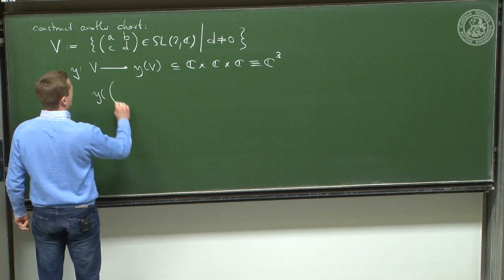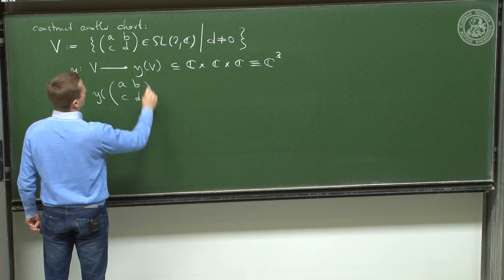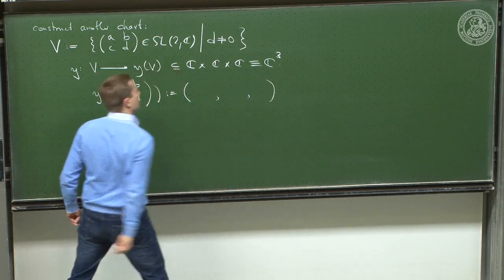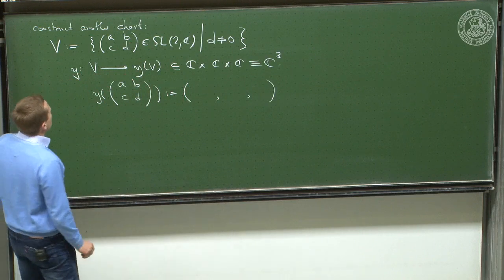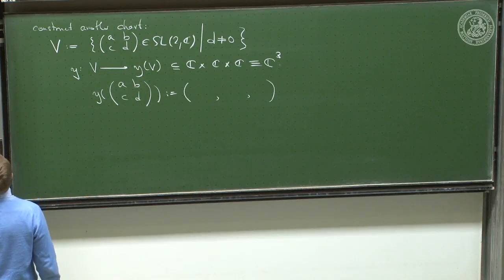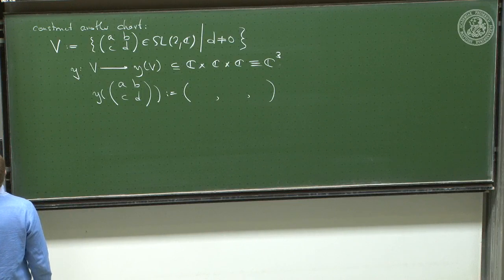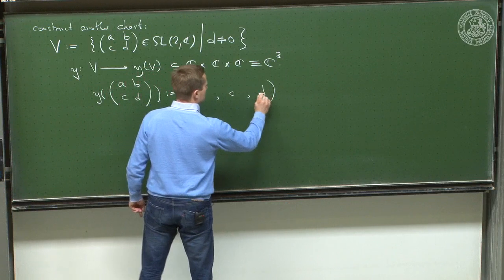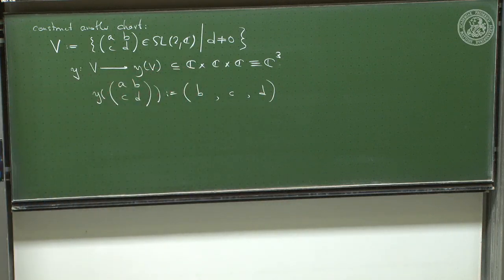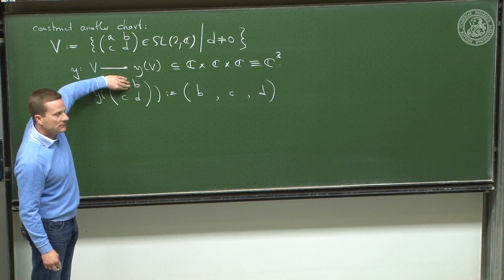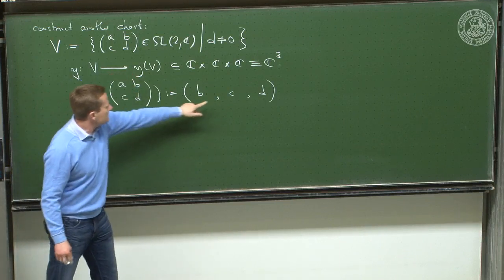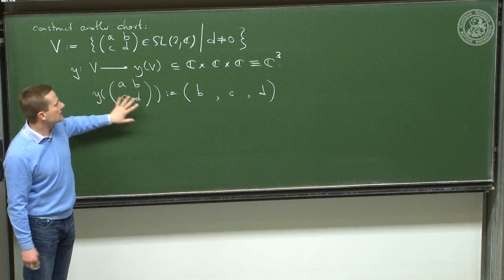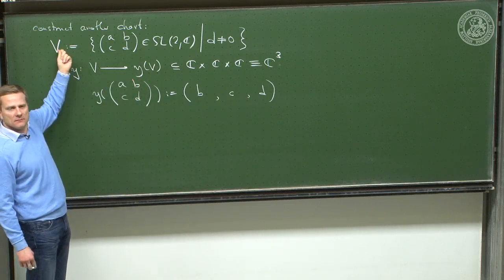I take the Y and I apply it to A, B, C, D, but only from the set V. And I define this to be the 3 tuple of complex numbers. Let me think, if the D, I divide by the D, then I get the A, so I can forget about the A. So I take B, C, D. Okay, so now I only look at B, C, D. I say these are the coordinates, the first, the second, and the third coordinate of this guy on this domain.